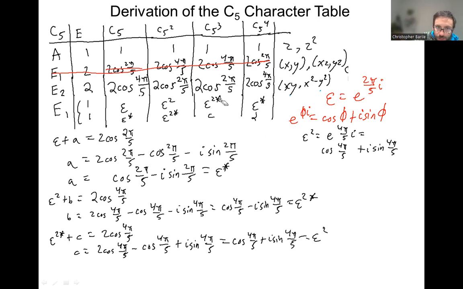We figured out our value of epsilon squared. And relatively speaking, we are screaming along, right? And our last one is the complex conjugate of epsilon plus d has to equal 2 cosine 2 pi over 5.